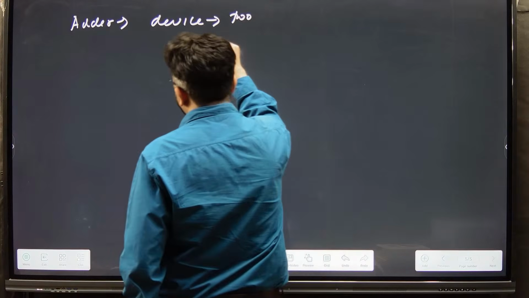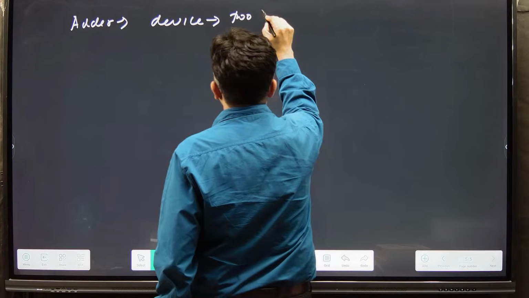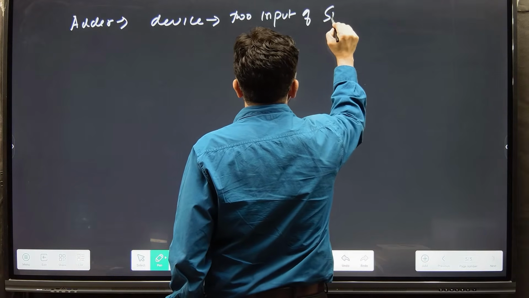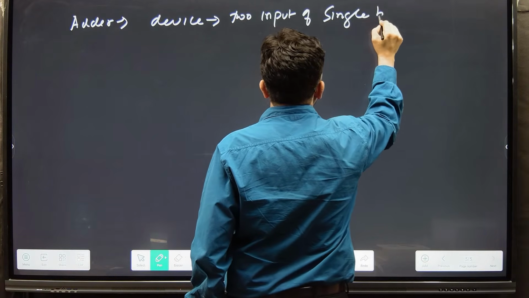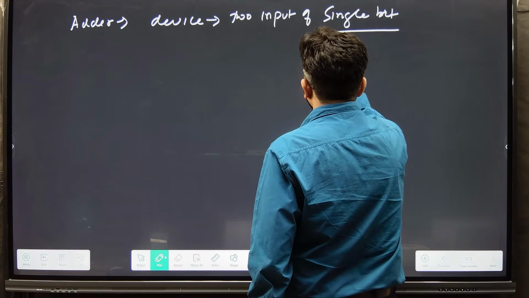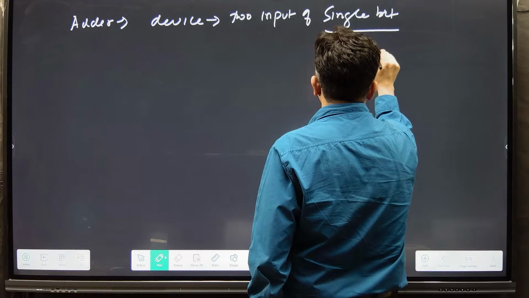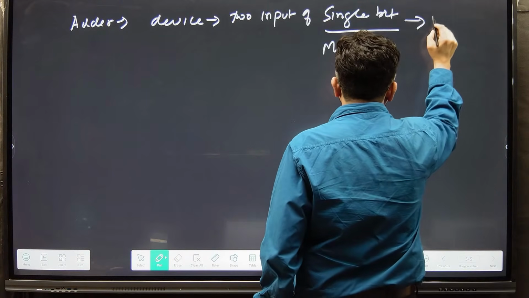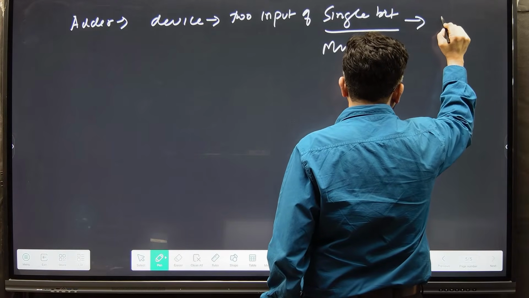So adder is a device which has two inputs of single bit. Remember, it is of single bit or multiple bit, and it performs the operation of addition.